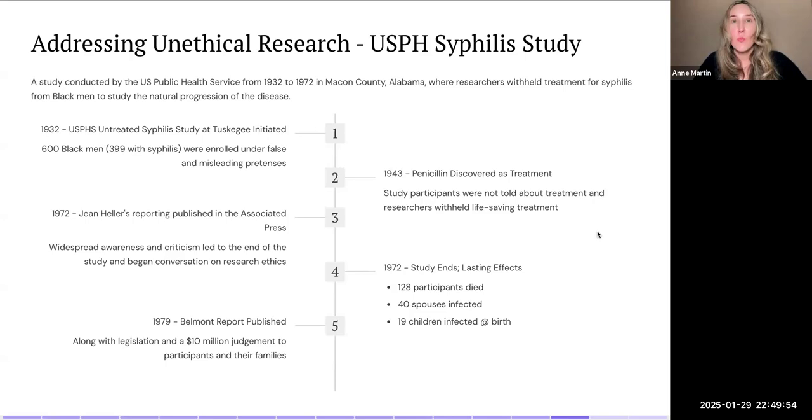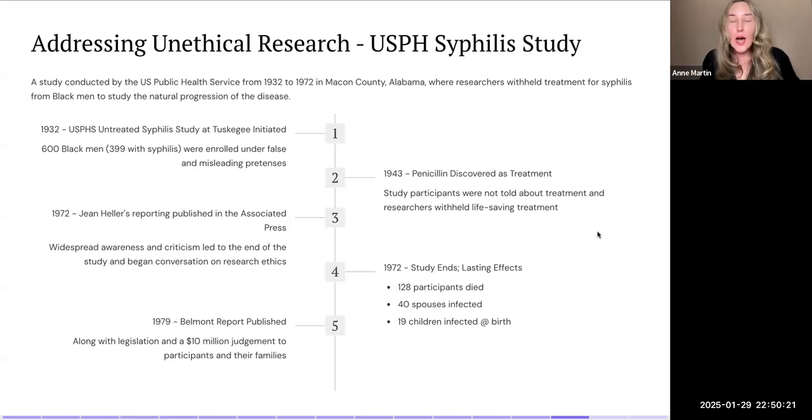And this was even more pronounced about 10 years into the study when penicillin was discovered as a treatment for syphilis. So the participants in the study were not told about penicillin. They thought that they were being treated, but they weren't. And also the health professionals in the area, Tuskegee University, were told not to treat them as well.